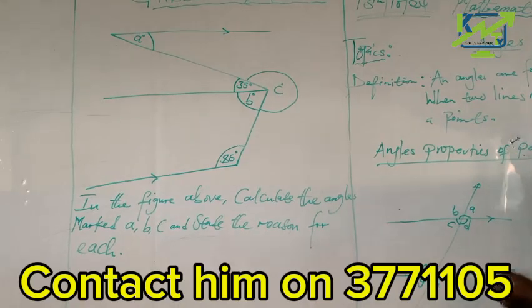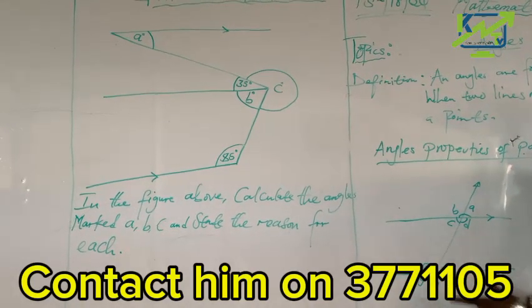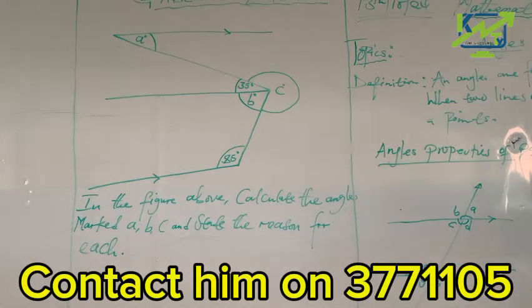Now, the same thing applies to the lower set. F and G are vertical opposite angles, and E and H are also vertical opposite angles. From there, we can also have corresponding angles. A and F are corresponding angles.